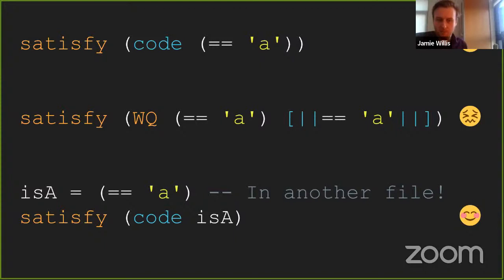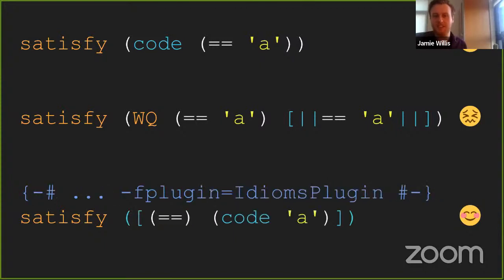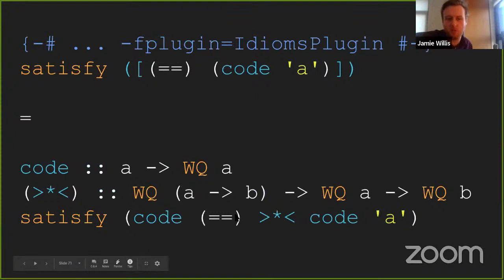Another thing we can do is use the idioms plugin to chuck more junk on top of junk. So the idioms plugin allows us to write applicatively with code being an applicative thing. So here we apply the equals function to the code of A. And how that actually desugars is like this. So we have a function, it looks like app, but it's backwards, and I call it quap.